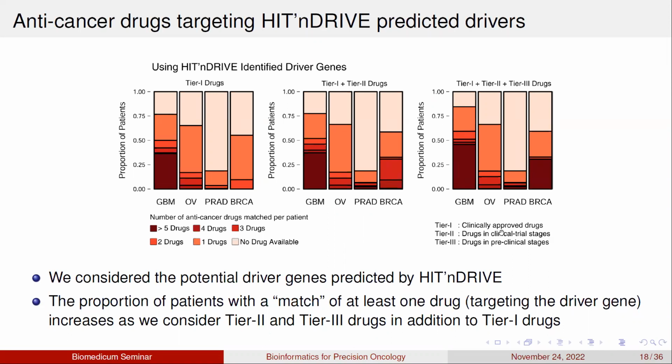We looked at different drugs that are either clinically approved, in clinical trial, or in preclinical stages, and we found that in most of the cancers, we were able to identify cancer driver genes that had some drugs able to inhibit those cancers. So those driver genes we identified using our algorithm, we could use to identify which genes should be targeted for an individual cancer patient.